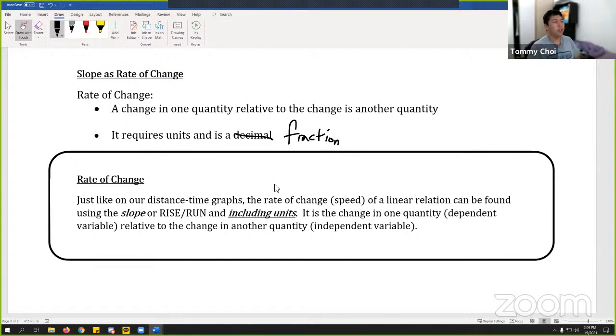And so rate of change, just like on distance time graphs, the rate of change would be the speed of a distance time graph and can be found using the slope because it's the same thing. So rise over run, and it has to include the units. So the change in one quantity over the change in another. And it's always y over x because it's rise over run, right? Rise is vertical, that's the y, and run is horizontal, that's the x.